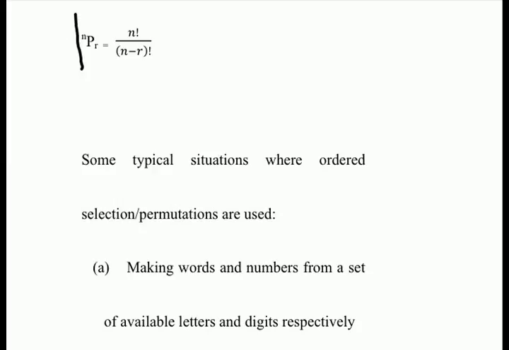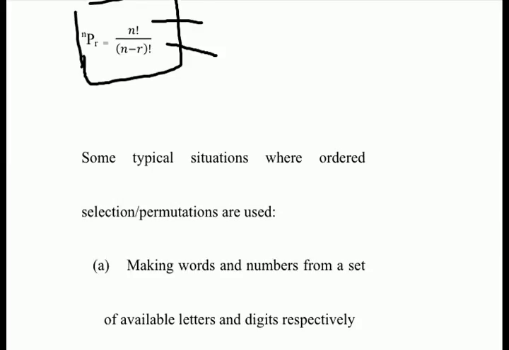And this is what the formula equals. The permutations of n things taken R at a time is equal to factorial n divided by factorial n minus R.